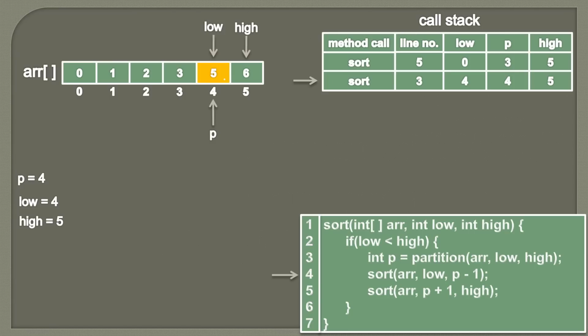Now we go on the left side of the pivot from low to P minus 1. So here you can see low and P are pointing to the same element. So when we call this sort method, we first update the line number, which is 4. And then there will be one sort method on the call stack.